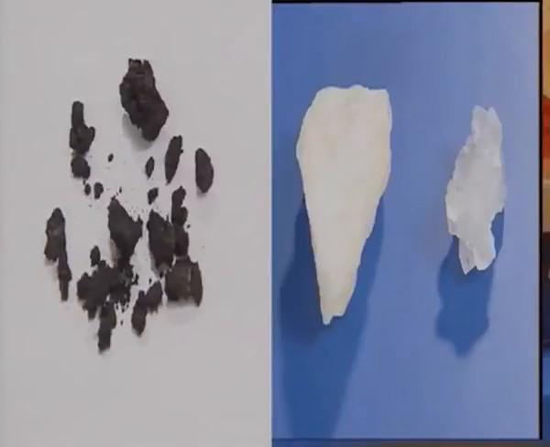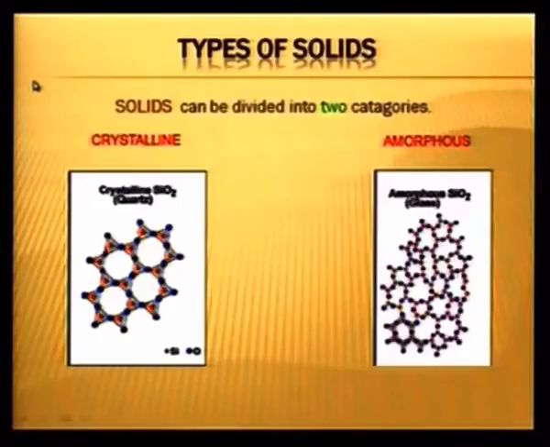You can see the difference between the shapes of the two types of solids, where the arrangement of particles has been shown. On the left hand side the arrangement of a crystalline solid is shown. In both cases we have taken the example of SiO2. In crystalline form it is quartz. In quartz you can see the arrangement of particles is regular and the same pattern is observed everywhere.